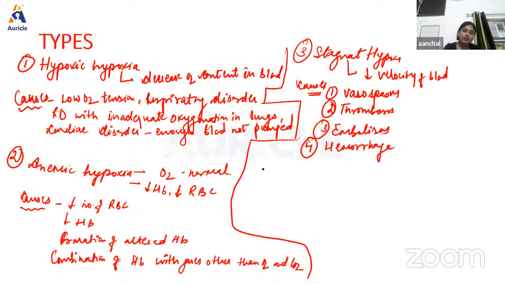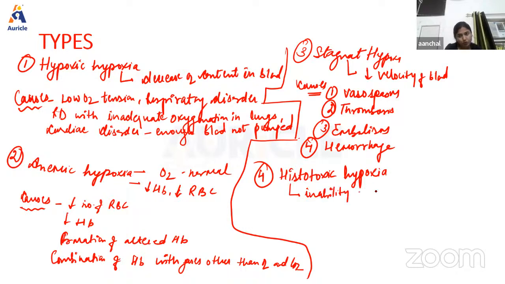And then another we have is histotoxic hypoxia. As the name refers, histotoxic: histo means something related to tissue and toxic means toxicity. So histotoxic hypoxia is basically a type of hypoxia which is produced by the inability of tissues to utilize O2.